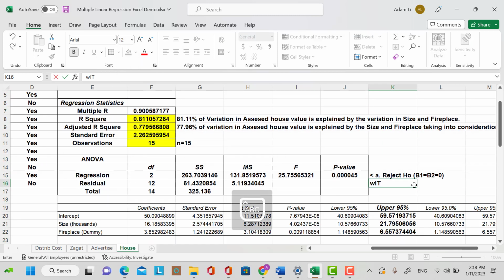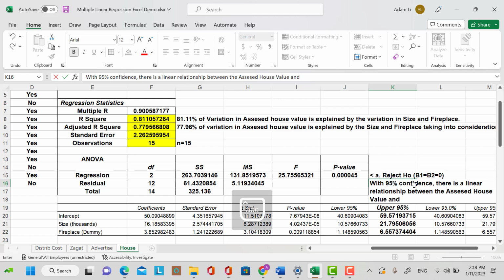With 95% confidence, I say that there is a linear relationship between the assessed house value, the size of the house, as well as the fireplace.